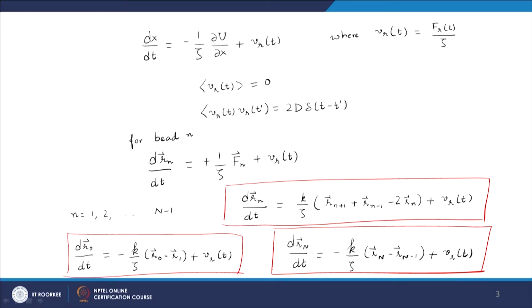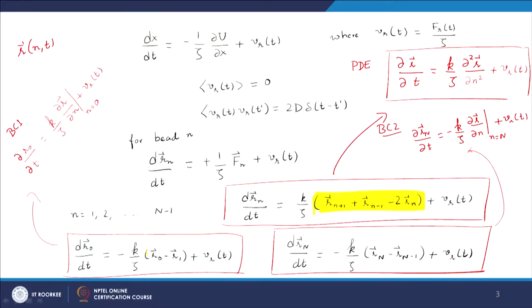So, there is one thing we can see here, and that is that if I look at the term right here, this has the form of the second derivative in the finite difference form, and this has a form of first derivative, and this also has a form of the first derivative in the finite difference form.